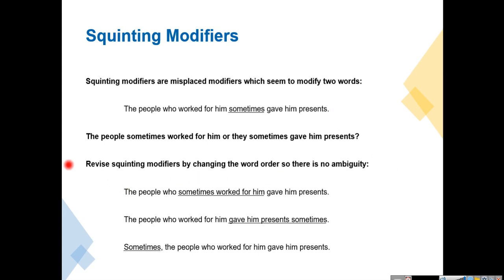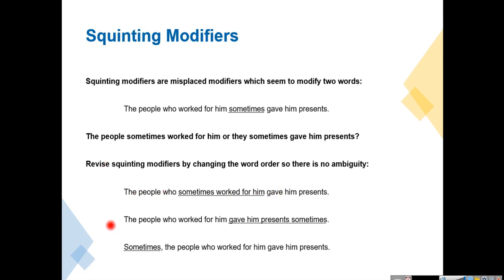So revise the squinting modifiers by changing the word order so there is no ambiguity. This is: the people who sometimes worked for him gave him presents. The emphasis right here is on the people who sometimes work for him. I'm making clear that the people sometimes gave me presents, as opposed to this one.